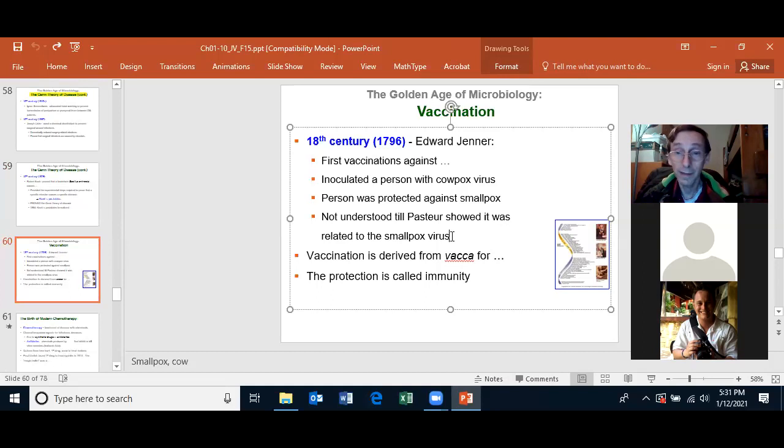Any question about any of that? If you don't know, coronaviruses are known to humans, and most of them cause human colds. However, one of them causes COVID-19. Any question about that?